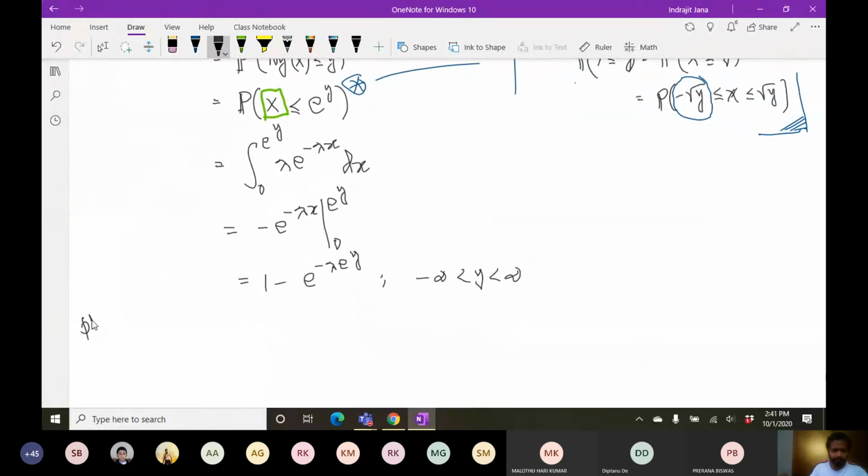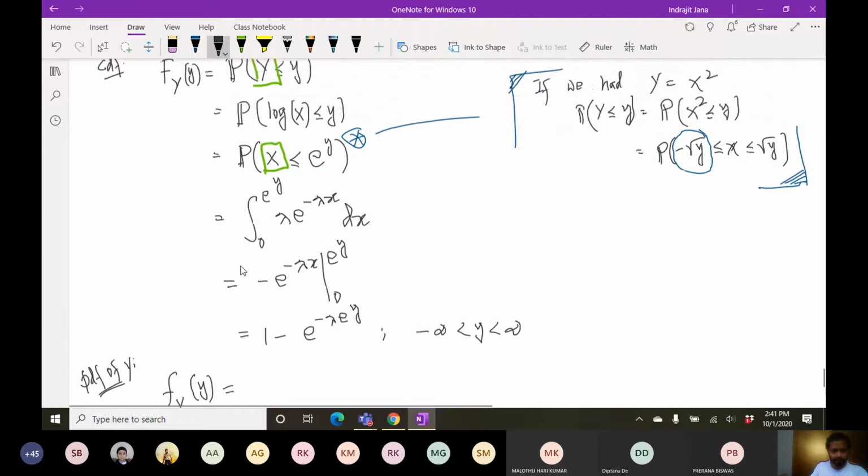So the PDF of y is simply found by differentiating the CDF. So f_Y(y), little f, is the derivative of the CDF.